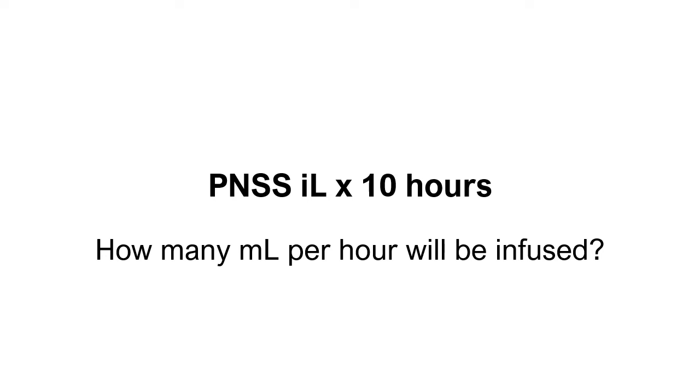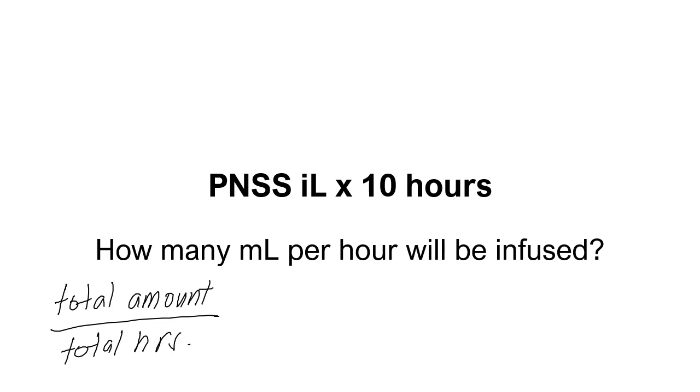So it would be the total amount of IV fluid divided by the total number of hours. Do not be confused, since the computation given in the previous slide is different. What was given in the previous slide is the rate per hour, and in this case, what is given is the number of hours it would be infused.